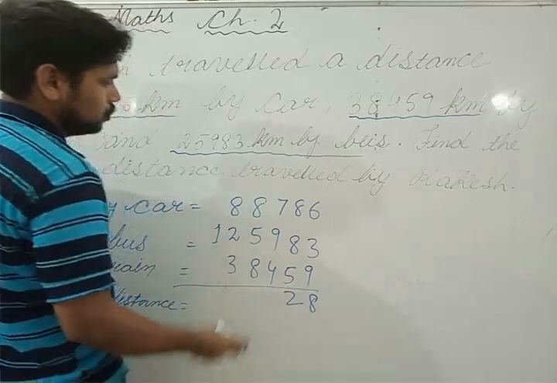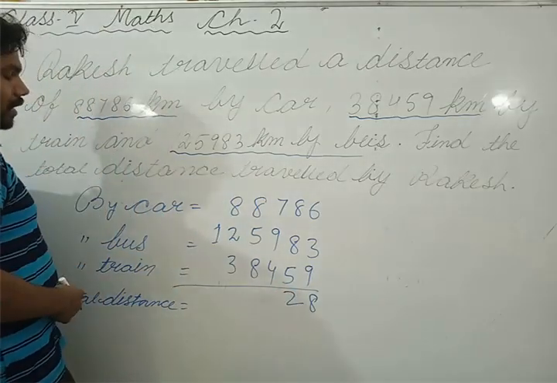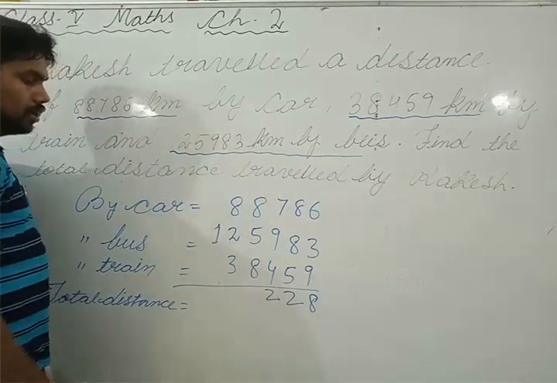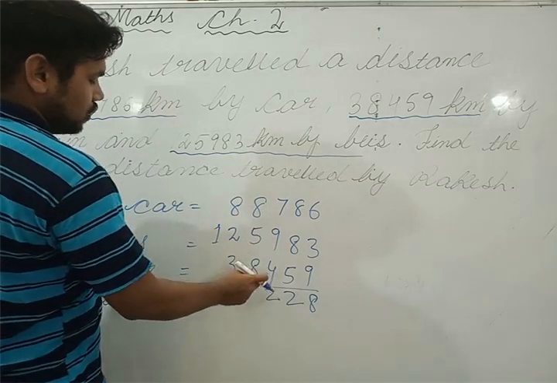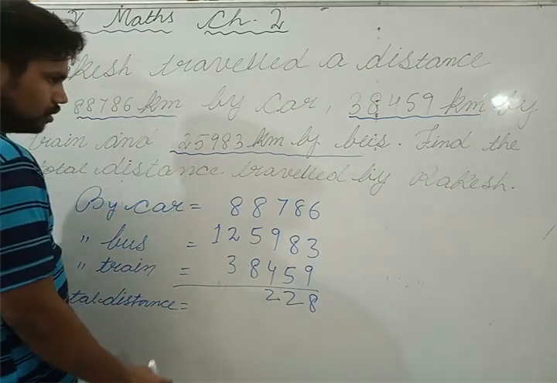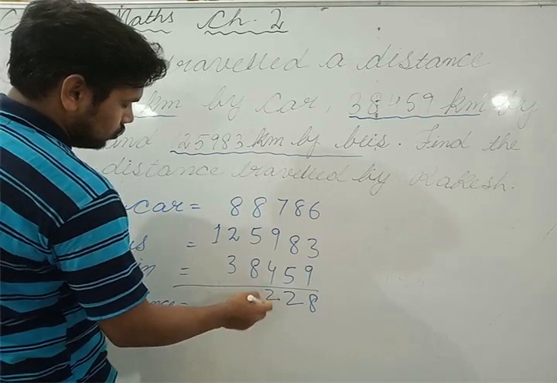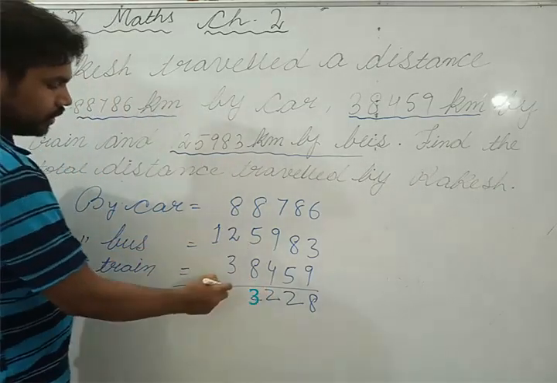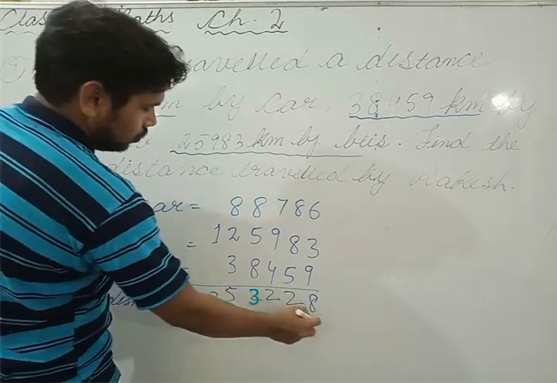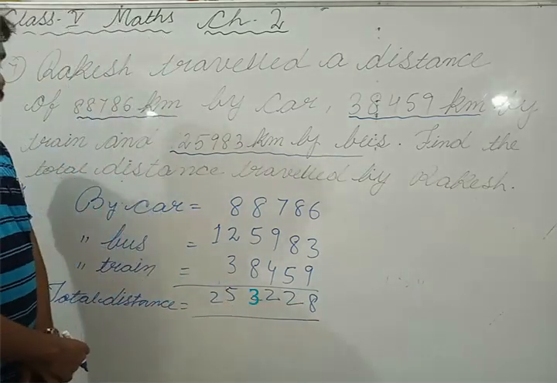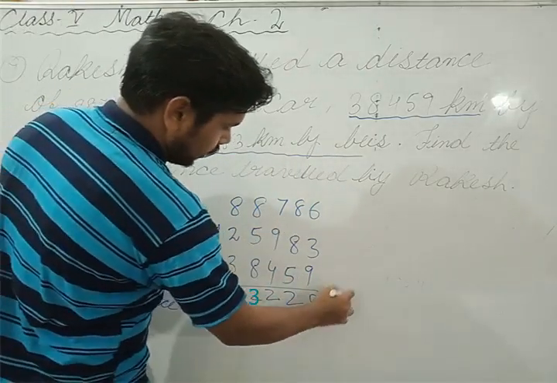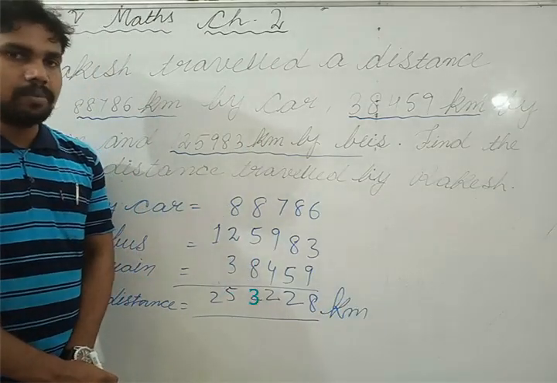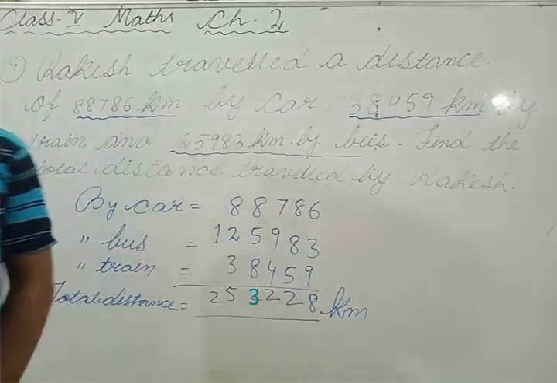So 2 carry. 7 plus 2 is 9, 9 to the 18, 18 plus 4 is 22. So 2, 1 carry. 9 plus 5 is 14, 14 plus 8 is again 22. So 2 carry. 10 plus 5 is 15. So this much of total distance, this much of kilometer, don't forget to write the unit. So this much of kilometer in total is traveled by all the modes of transport.